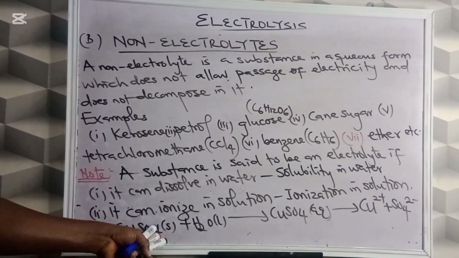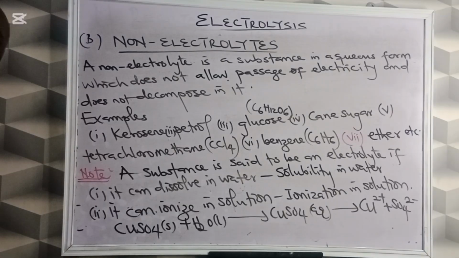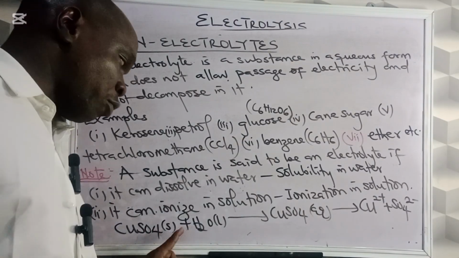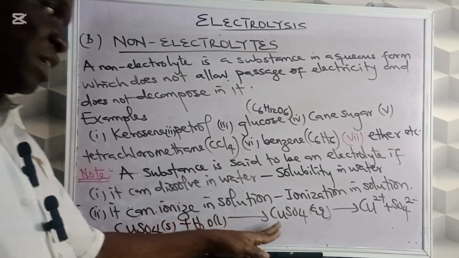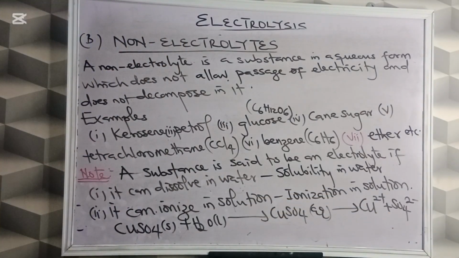You can see dissolution followed by ionization. You should be able to explain why the crystal is not an electrolyte, but a solution is used as an electrolyte.